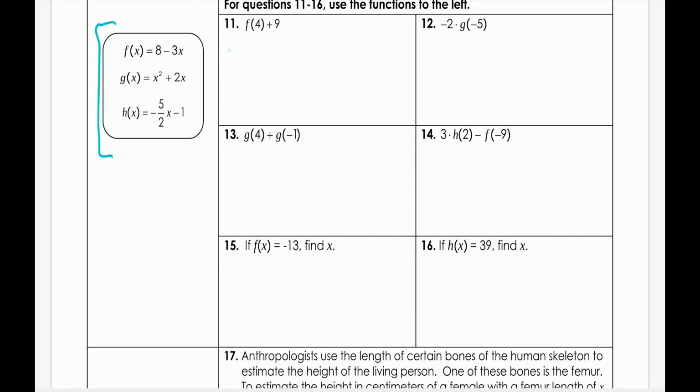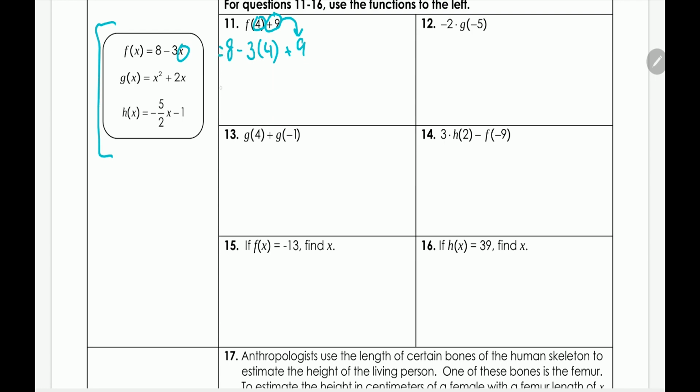So what we have to do is replace f of 4 with the function. So in other words, f of 4 will change to 8 minus 3 times 4 plus 9. Notice that the x was substituted with 4 but everything else remained the same. And also notice this plus 9 just got dragged down.